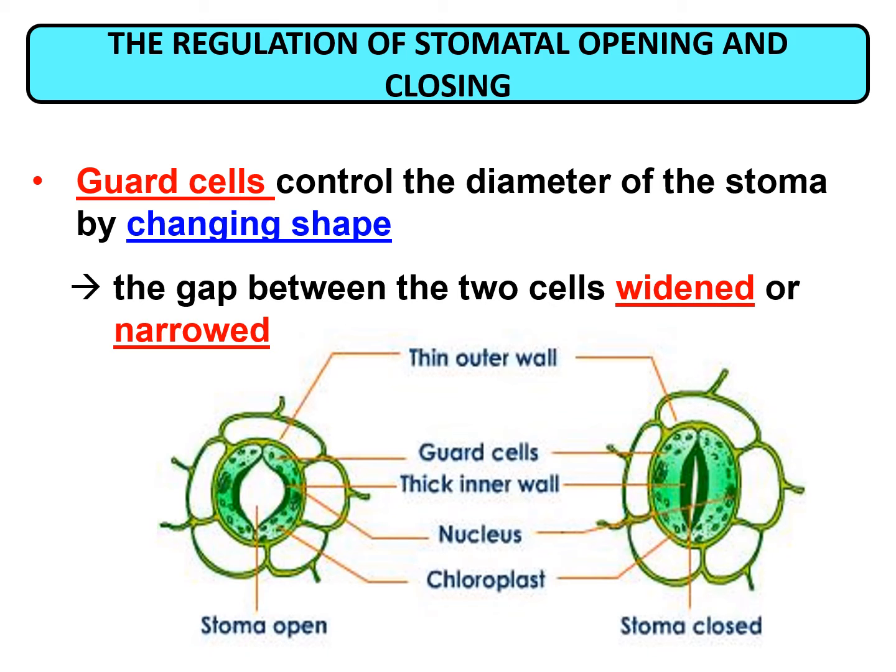How do they change shape? Either they become flaccid or turgid. So when the gap between the two cells is widened, the stoma is said to be open. When the gap is narrowed like this, then the stoma is said to be partially closed or closed.